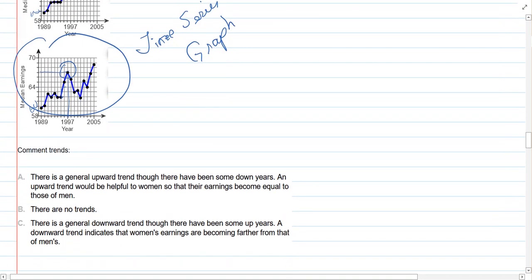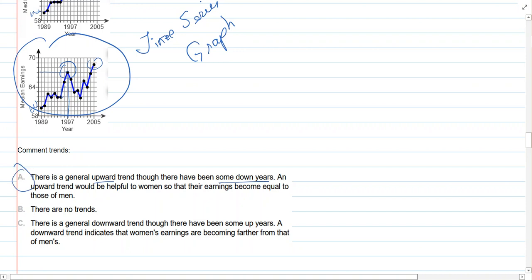So then it asks us, what are the trends? Well, we can see that it is trying to achieve some kind of increase of some form with some intermittent dropping. There is a general upward trend, though there have been many small down years. An upward trend would be helpful to women so that their earnings become equal to those of men.